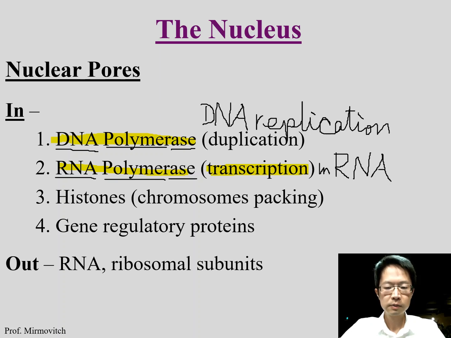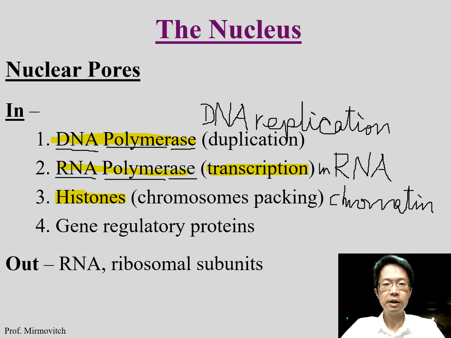The histone. What is histone? Histone is a kind of protein, a histone protein. Most of the time when DNA is found in the cell, it is in the form of chromatin. What is chromatin?